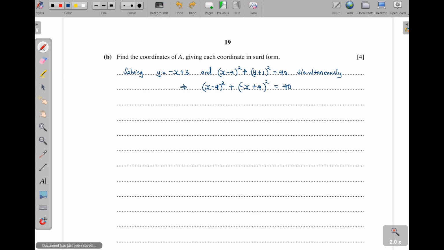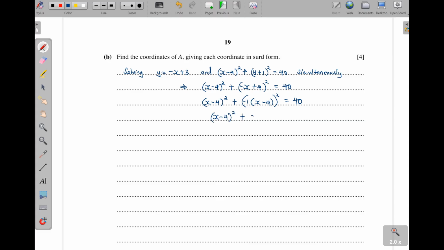But I can simply make this one resemble the other, I can pull out a negative here. If I pull out a negative here, then that means here I will have (x - 4), then squared. You see that? Such that I have this one common. Now, when we square, of course, the negative will disappear.